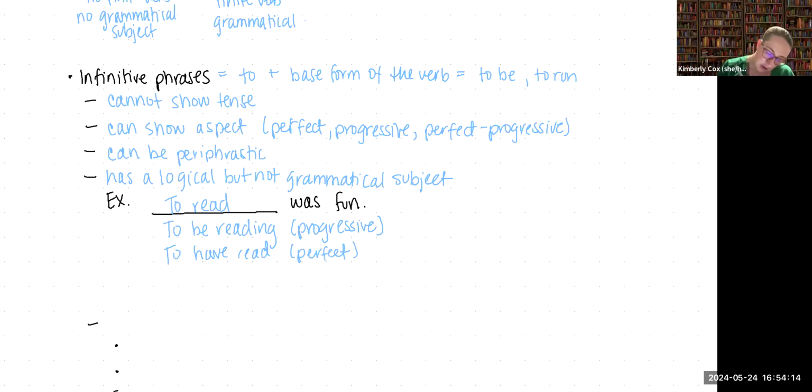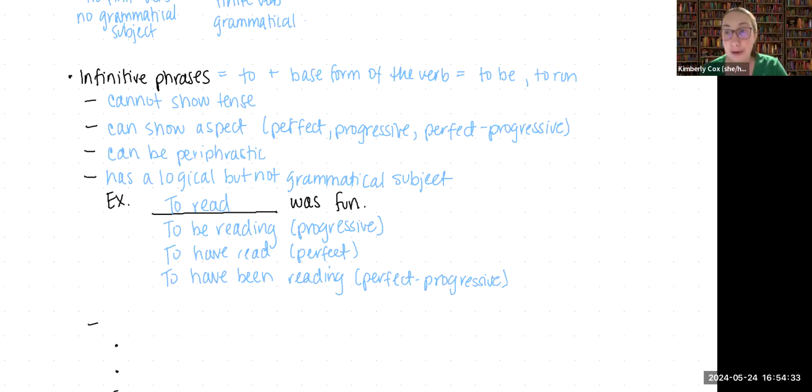I could say to have read was fun, which is a perfect aspect. And I could say to have been reading was fun, and this is going to be perfect progressive aspect. And you'll notice that these last three are all periphrastic infinitive phrases, right? They have more than one word.